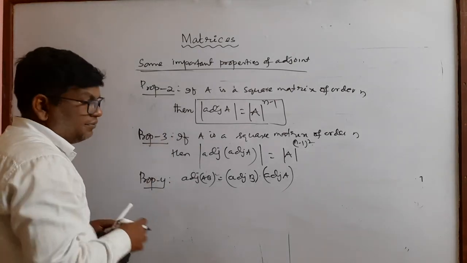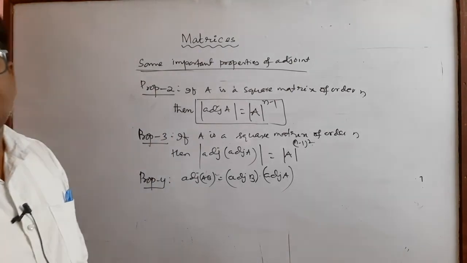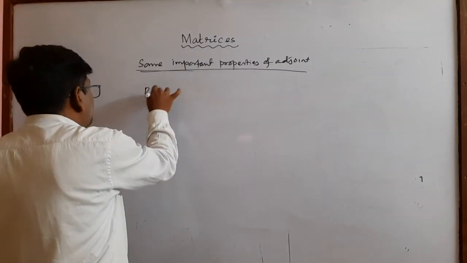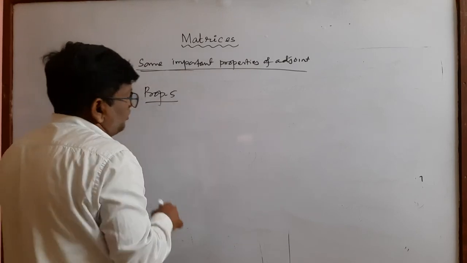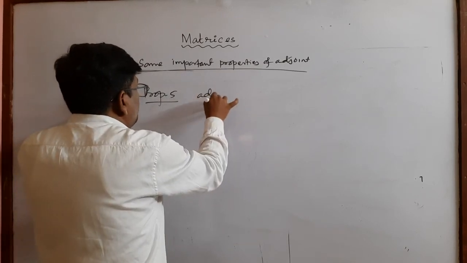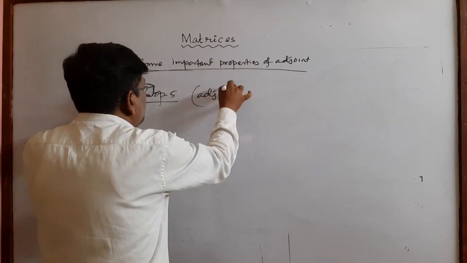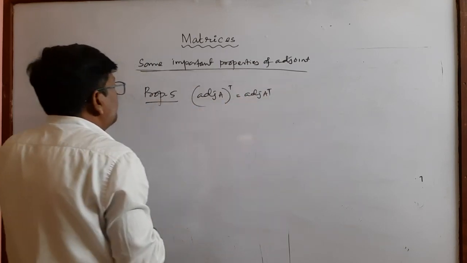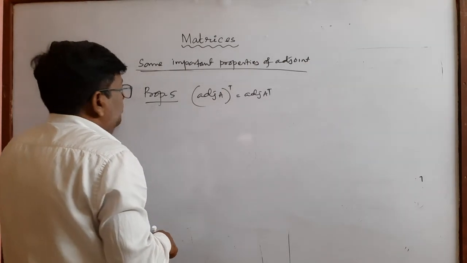Now property 5, adjoint of A transpose is equal to adjoint A transpose.